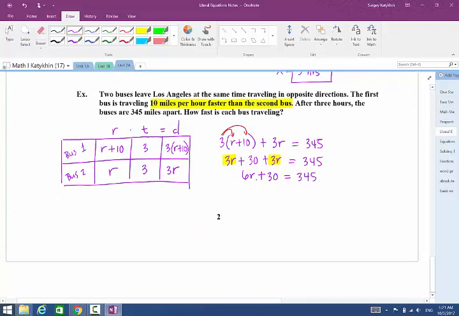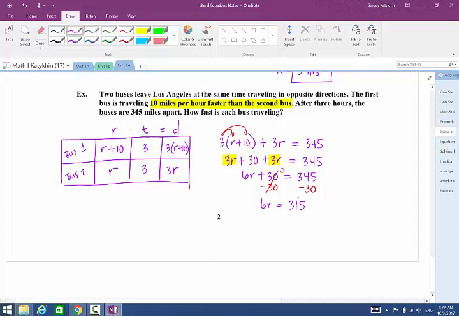So in our case, we need to subtract 30 from both sides first. That will give you 0, and you get 6R is equal to, well, 345 minus 30 will be 315.